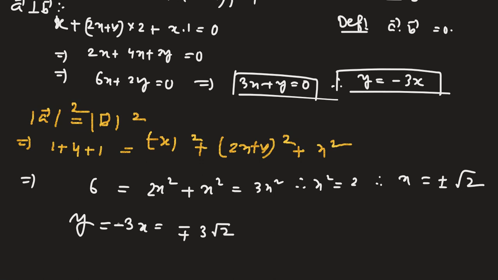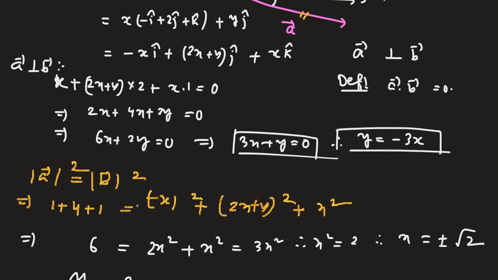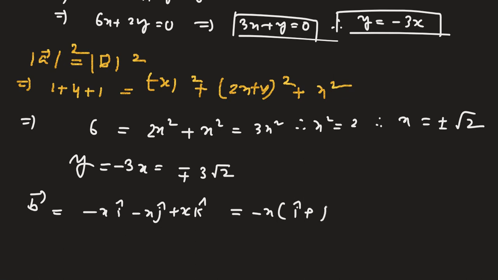So ultimately we can find our vector b. Now vector b is minus x i minus x j and x k. From here we can take minus x common: i plus j and then minus k.